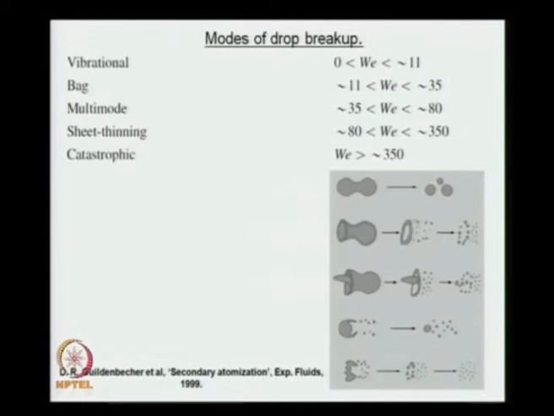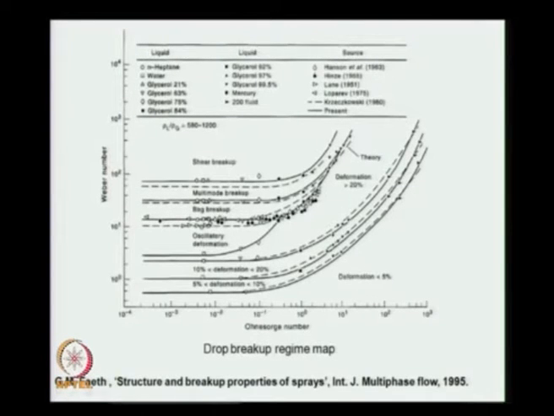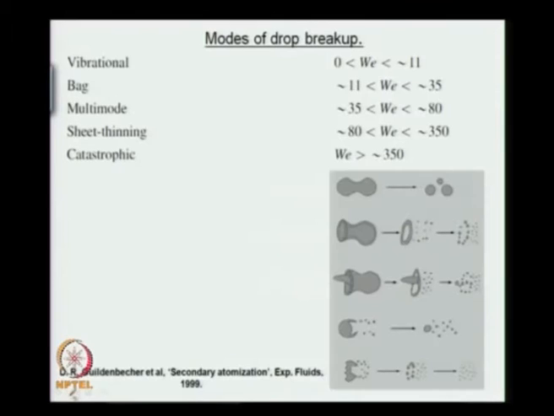So, if I look at the rim again, the particular value of m that you see causing the breakup of this rim determines the number and size of the drops formed from the breakup of the rim.